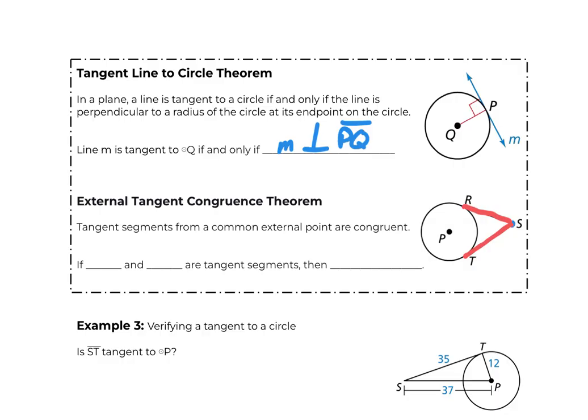If that's the case, if it's tangent and it goes to the point on the outside, then I can say that these 2 segments are congruent. So I can say SR and ST are tangent segments, then SR is congruent to ST.